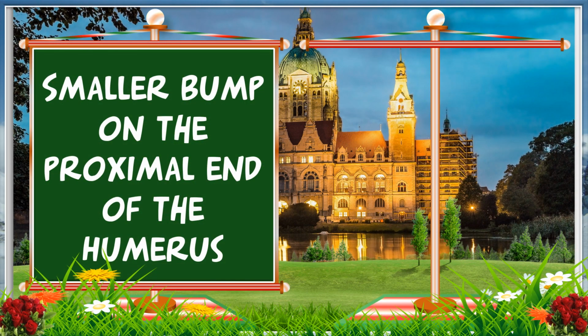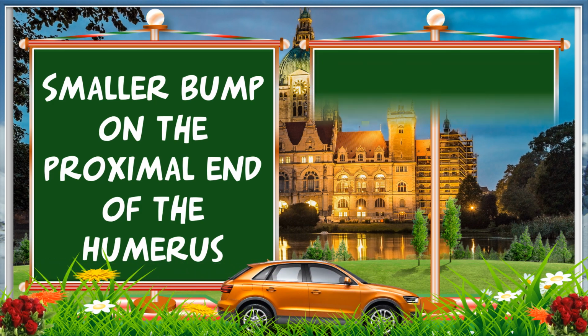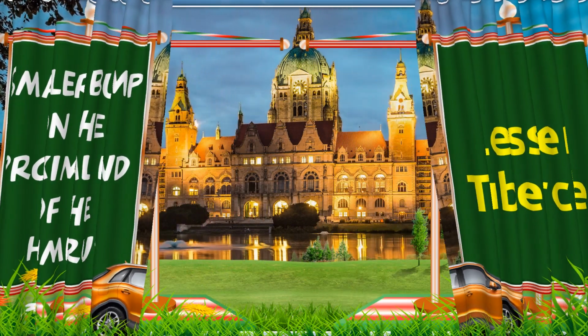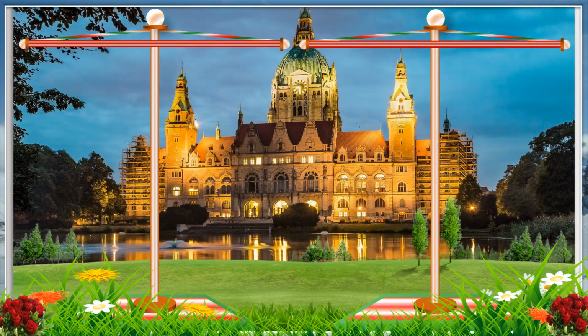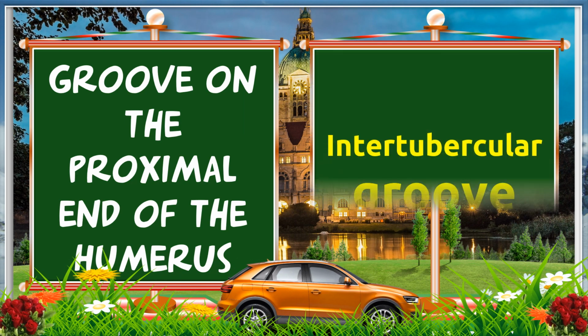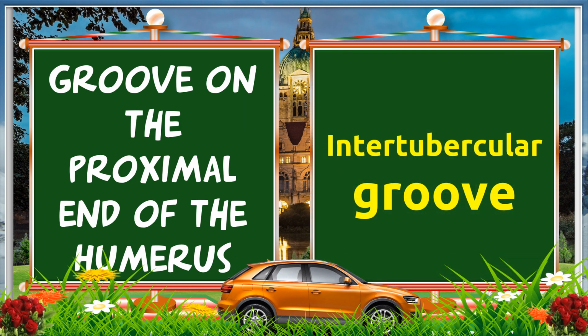Smaller bump on the proximal end of the humerus. Lesser tubercle. Groove of the proximal end of the humerus. Intertubercular groove.